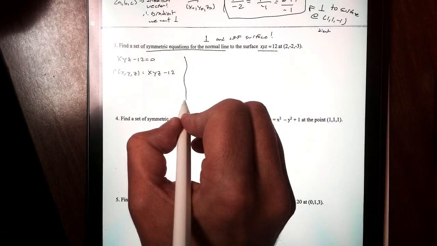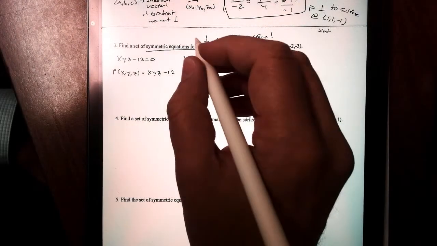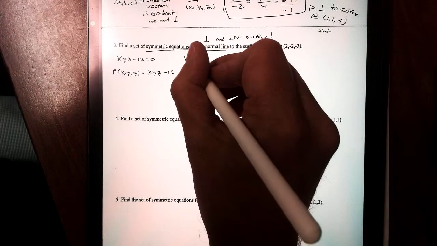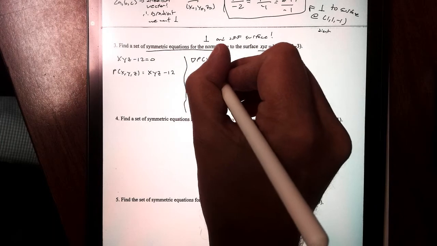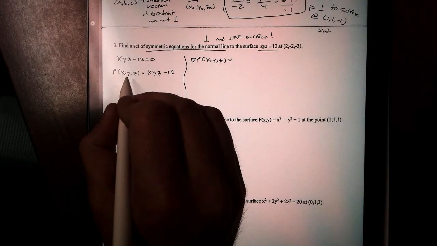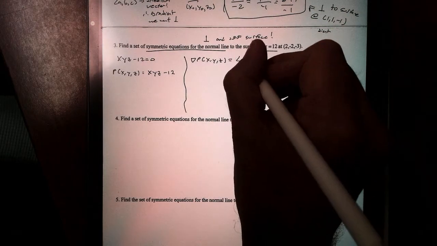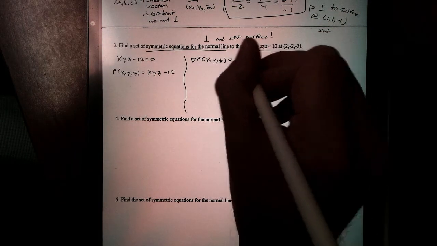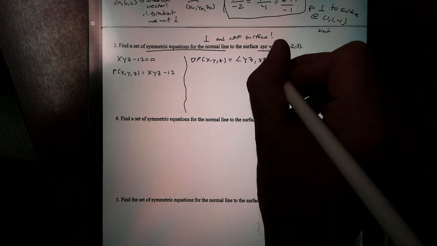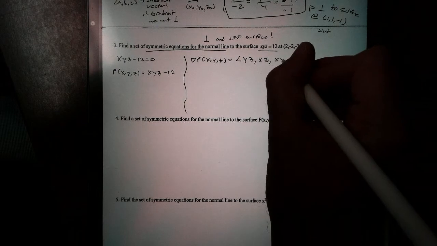To write the equation of our symmetric line, we are going to need our gradient, del p of x, y, z. Be careful of the variables here. The derivative with respect to x is just yz. The derivative with respect to y is xz. And the derivative with respect to z is xy.